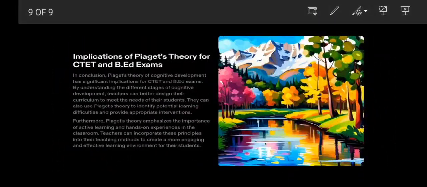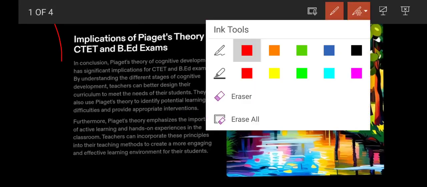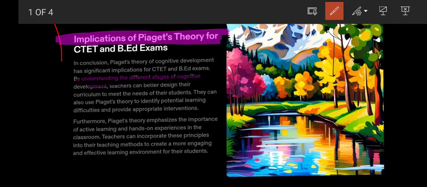Here we will see the implications of Piaget's theory. Where is this used? By understanding the different stages of cognitive development, teachers can better design their curriculum to meet the needs of their students.